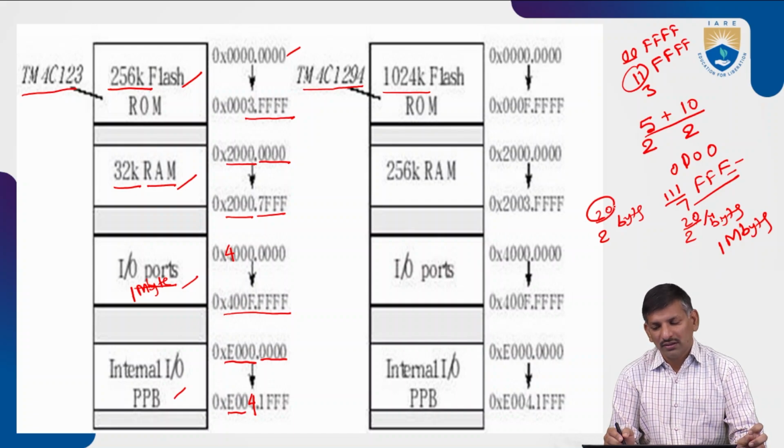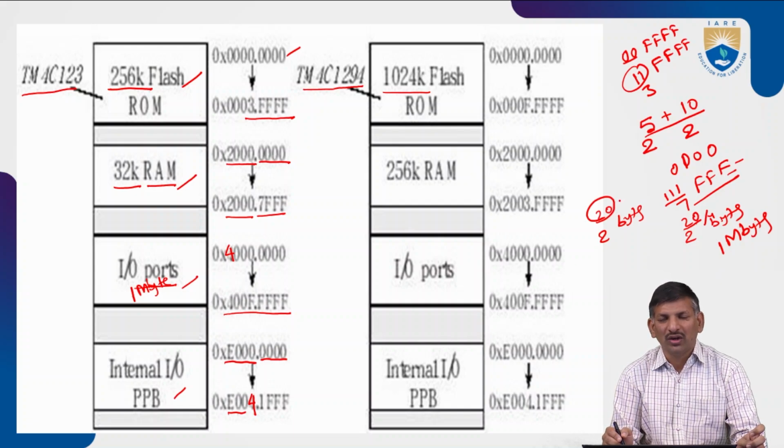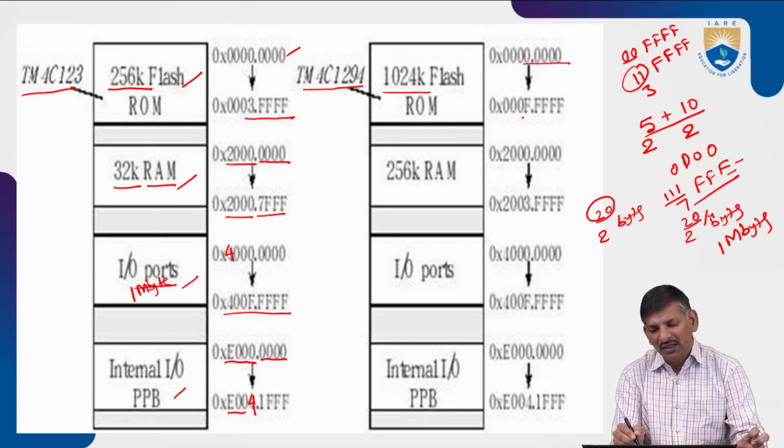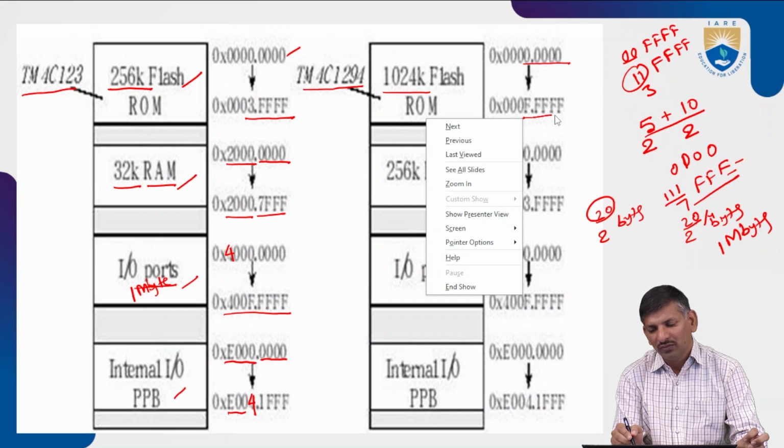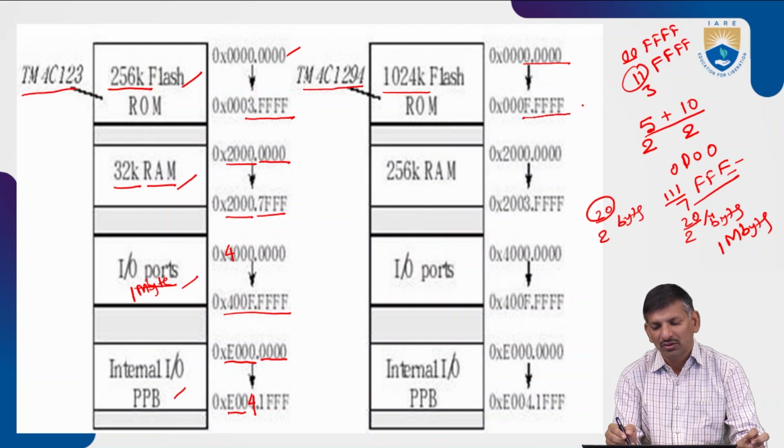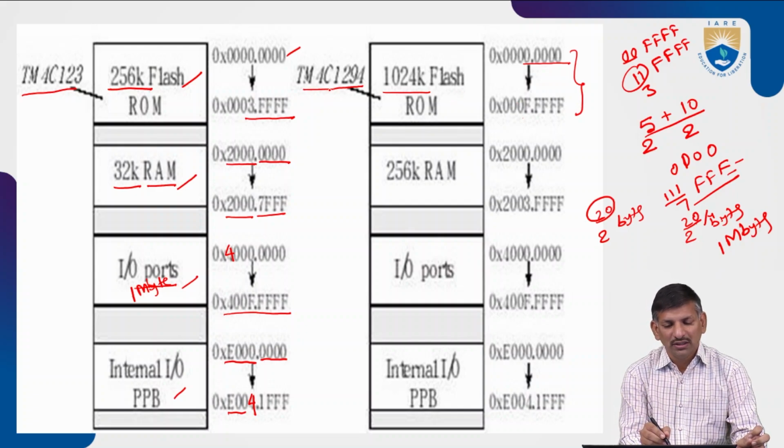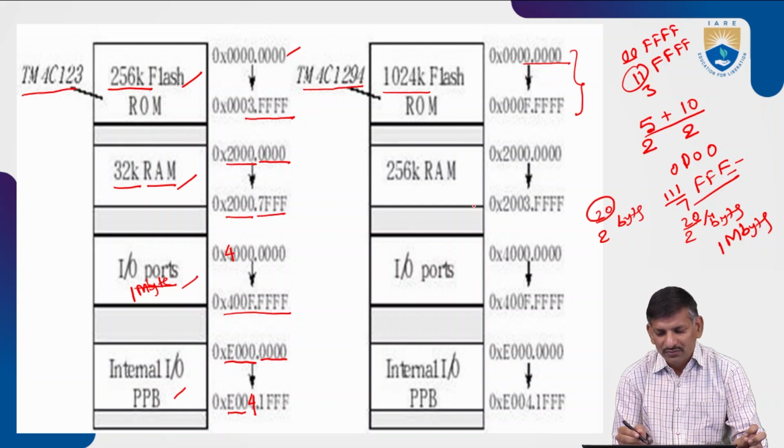So minimum value is 20 zeros, maximum value is 20 ones. 20 zeros in hexadecimal is 5 zeros, 20 ones in hexadecimal is 5 Fs. So starting address is 0, ending address is FFFFF. This range of memory locations is assigned to the flash memory in the case of the TM4C129 series microcontroller.